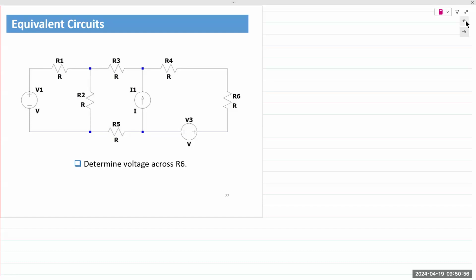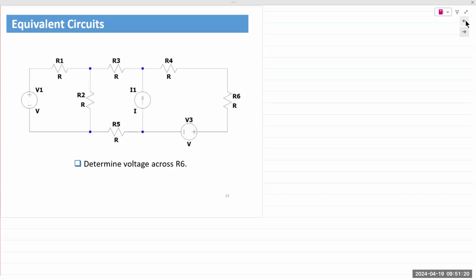So now let's say you are an engineer and you're working with some large complex circuit. Perhaps it's a small circuit board that goes into a machinery, and you need to find the voltage across R6. You're trying to find the optimal value of the resistor R6 so that the voltage across R6 fits within a certain spec.